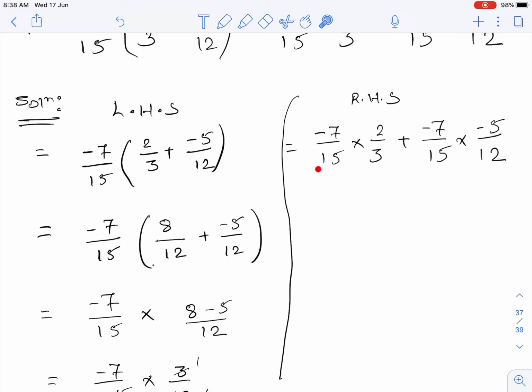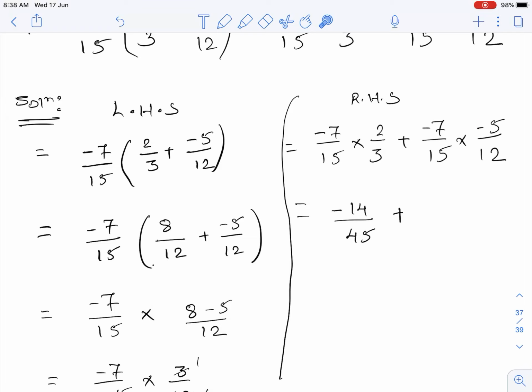Now we have to solve it separately. First check, can we cancel any of the numbers over here or not? So no, we cannot cancel. So first what we will do, we will multiply this minus 7 with this 2 and 15 with this 3, so you will get minus 7 into 2, that is minus 14 upon 45, then this plus sign as it is from here.